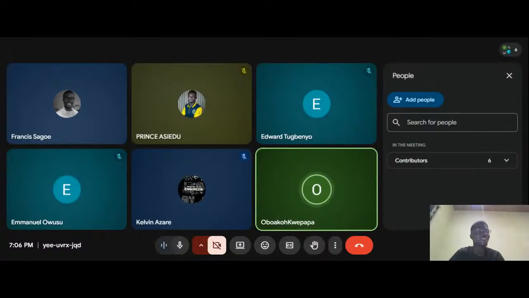I remember when I was in level 100, only to go and do a friction test, we entered a lab and we were many, and the equipment was not enough for us to do it at the same time. It's time consuming. It's so boring. You have to do it group by group.